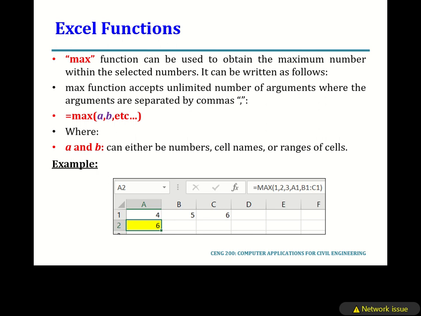Okay, so the numbers in the bracket, from those numbers it will take the maximum. Again, these are very easy to remember, because the name of the function is what it is doing, it is taking the maximum.